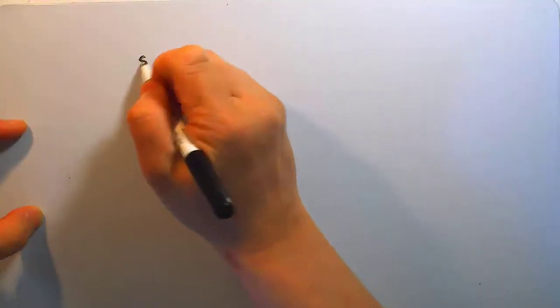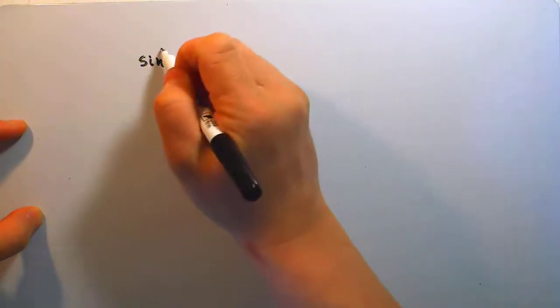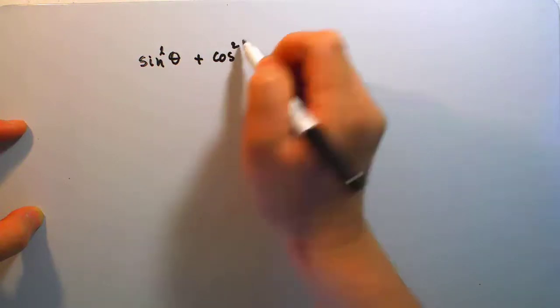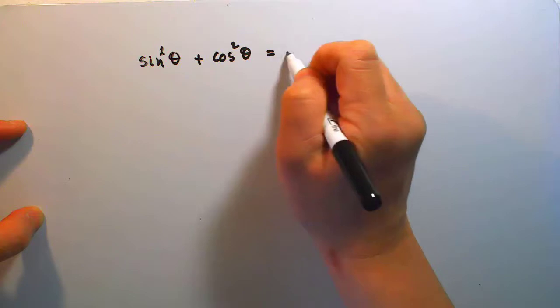So now looking over into my working board here, we have learned in the lecture the important property that sine square of theta plus cosine square of theta equals 1.